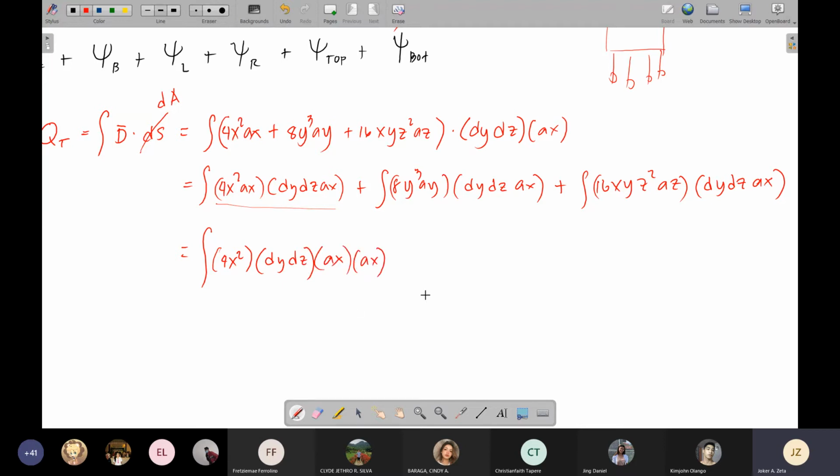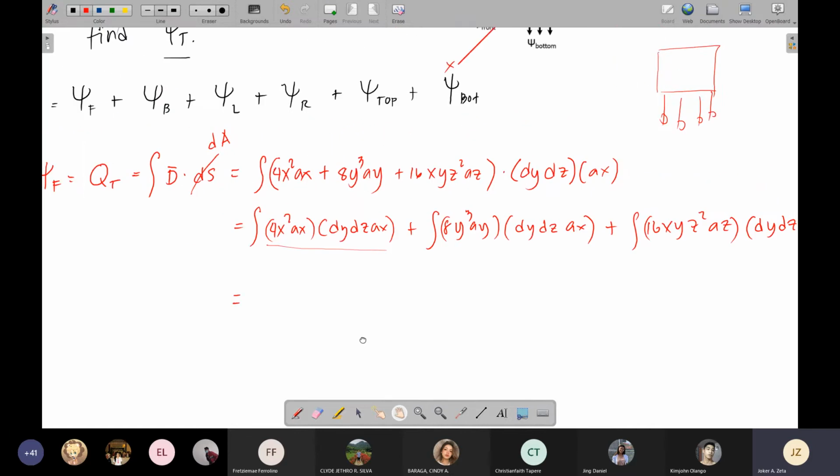Okay? So we have arranged it. Plus, you have 8y cubed times dy dz times ax dot ay. It's easier if we do it directly, it might be more understandable.